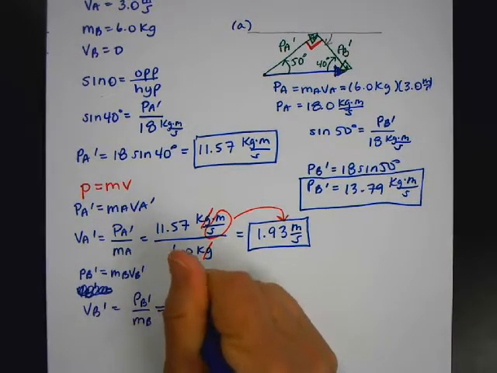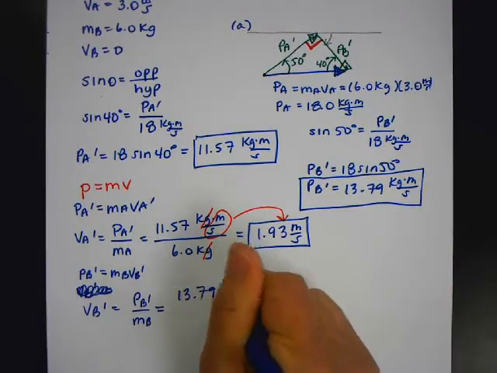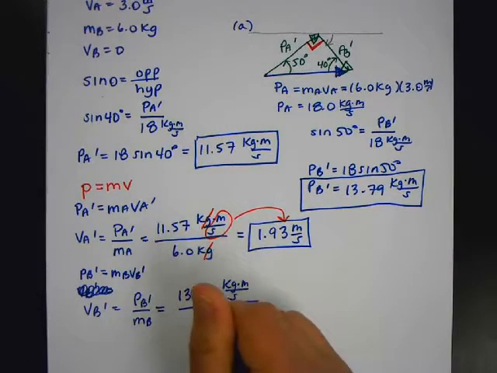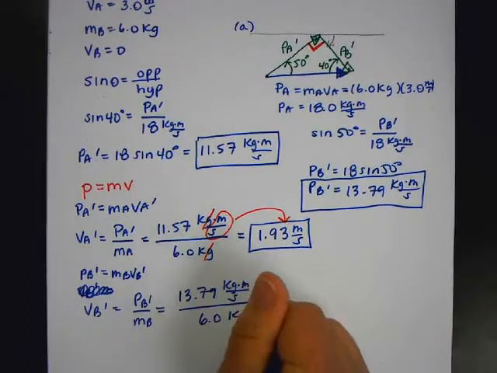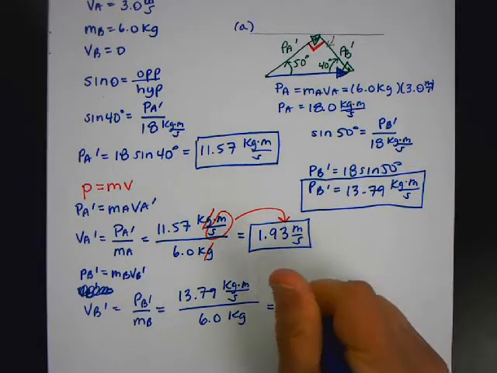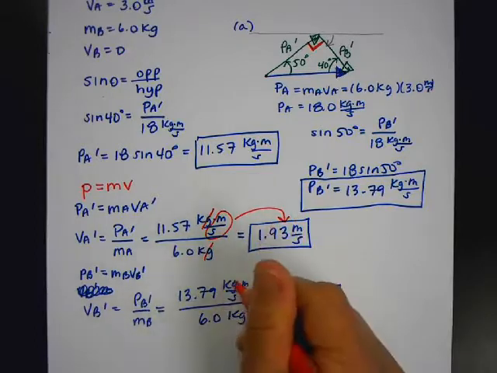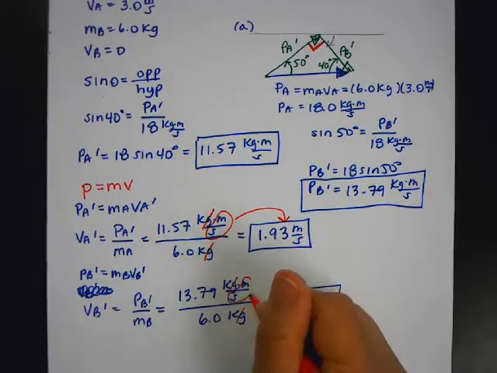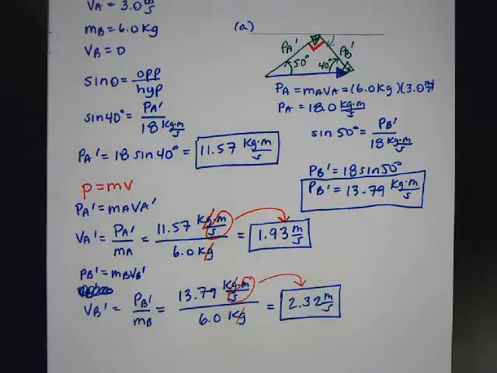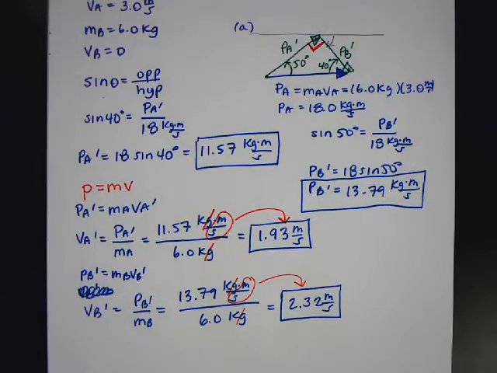So it's 13.79 kilogram meters per second divided by 6 kilograms, and that comes out to be 2.32 meters per second. And again, my kilogram in the numerator cancels with the one in the denominator, and I end up with the correct unit for velocity. So when we did this problem, we don't just start writing down numbers and equations.